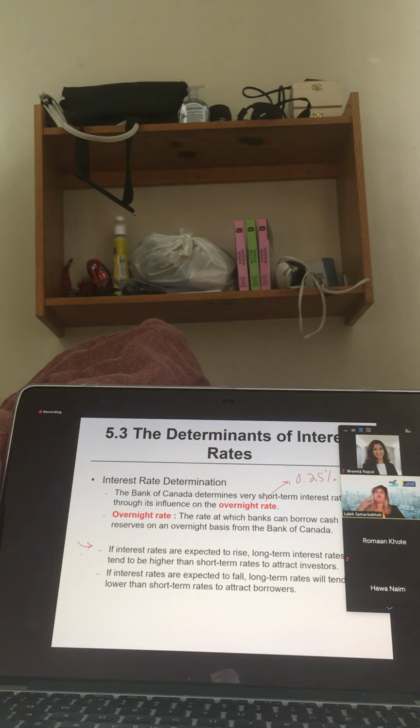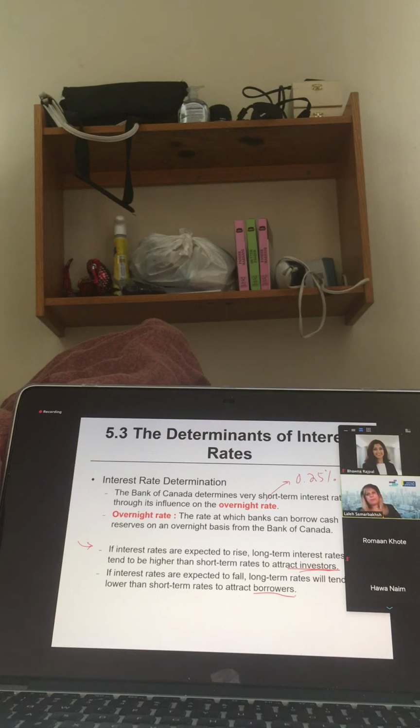So in each economy, you're targeting a certain subgroup. In an economy where interest rates are expected to rise, we want to attract investors. In an economy where interest rates are going to fall, we're going to attract borrowers because we want them to borrow from us. We lock the interest rate, and then the rates are going to go down, right?